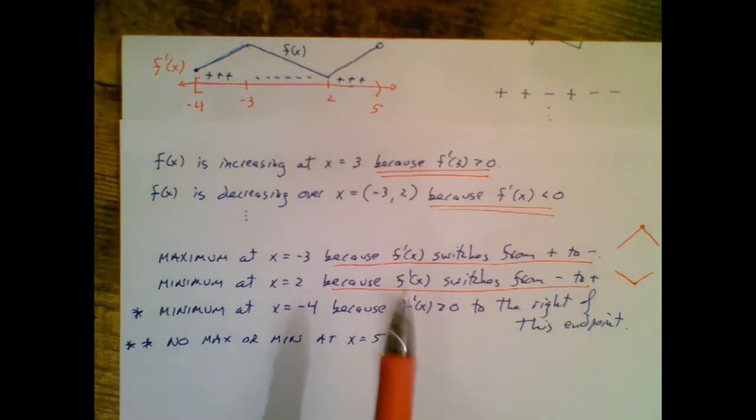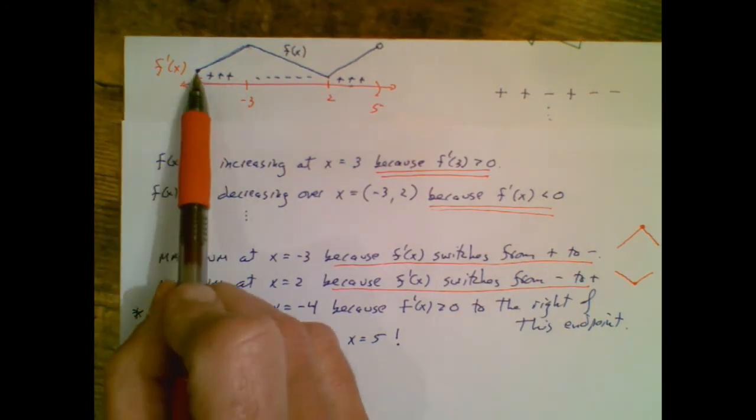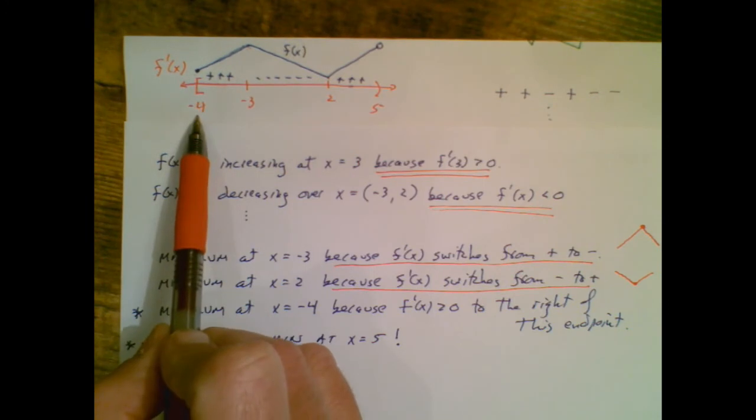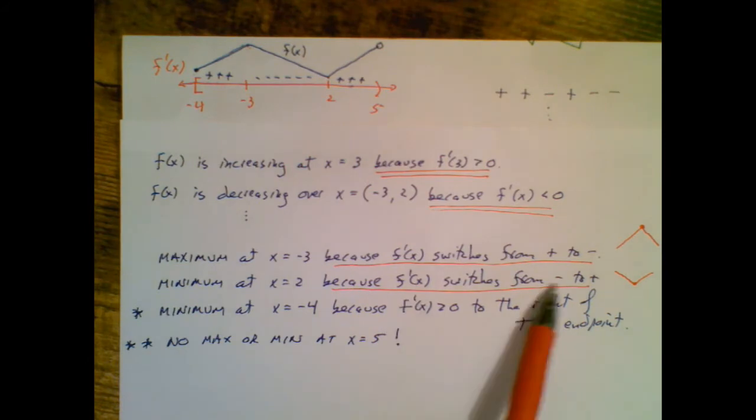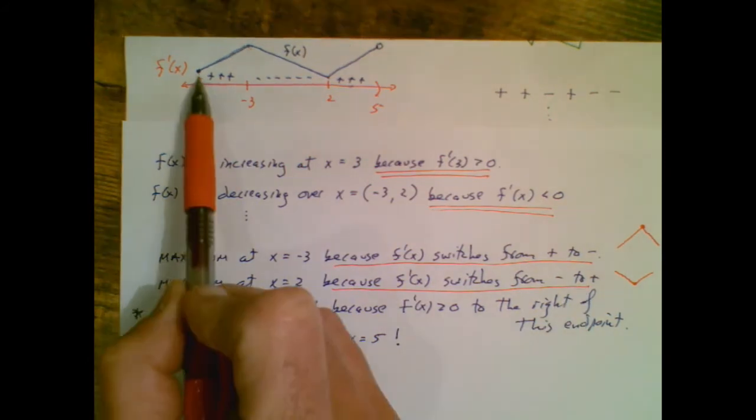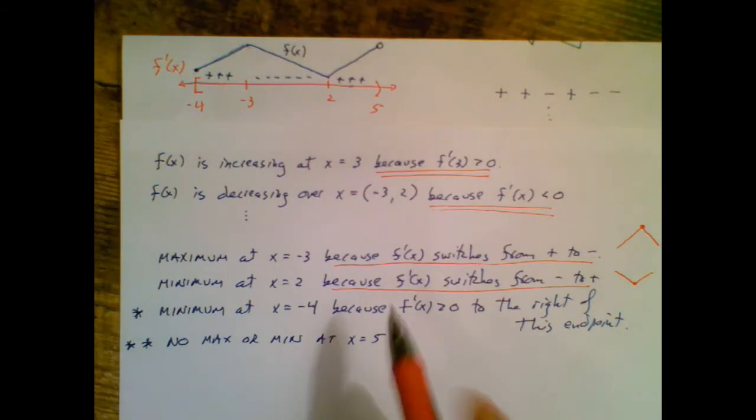Now a couple of weird things. At x equals negative 4, I have a minimum, but you can't say because the slope f prime of x switches from negative to positive, because there's no switching there. So you have to do this thing.